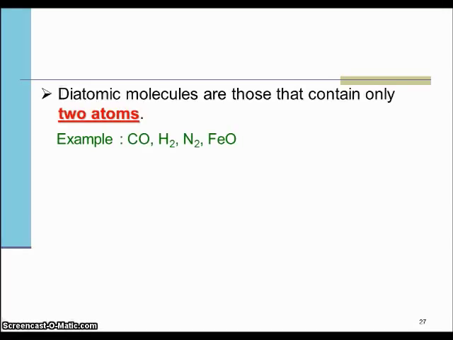Diatomic molecules are those that contain only two atoms. Some examples are carbon monoxide, CO, hydrogen, H2, nitrogen gas, N2, and iron oxide, FeO.